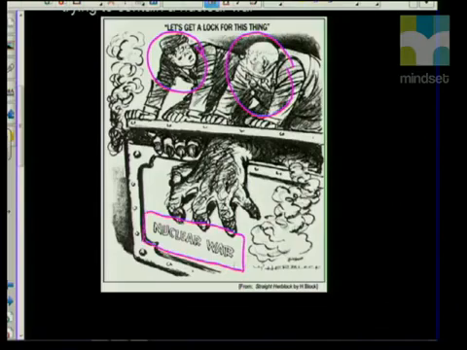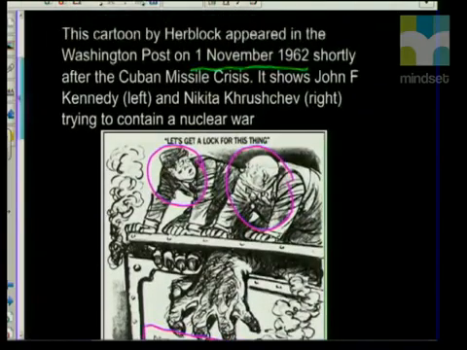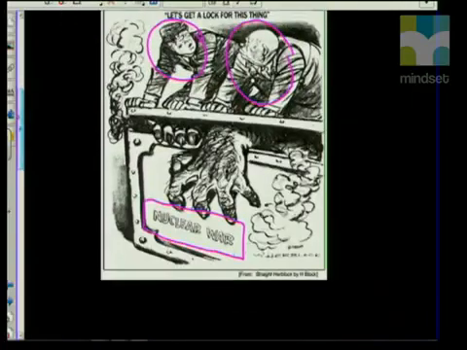Now, if you go back to the caption, it does say that they were trying to contain the nuclear war. Now, how do you know from analyzing this cartoon that they were both trying to contain it? Because they've got their hands on the lid of this box, making sure that the nuclear war does not take place.